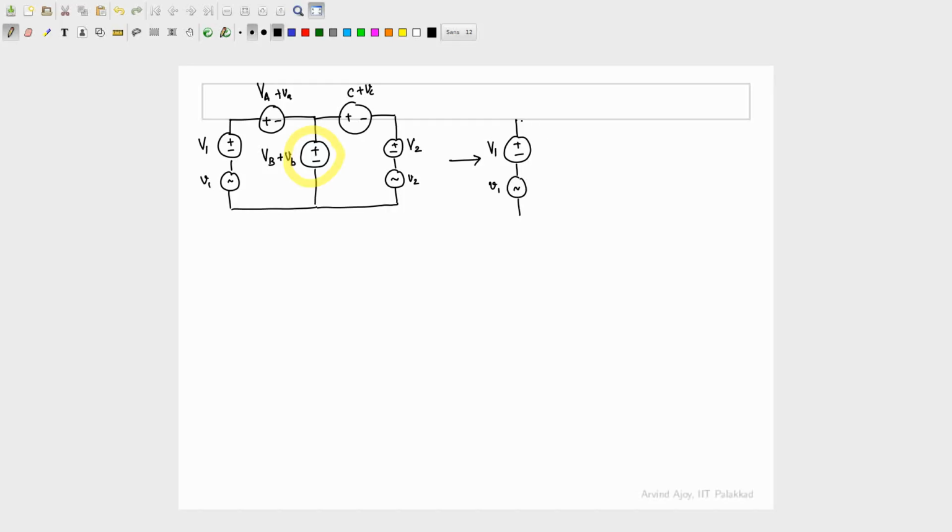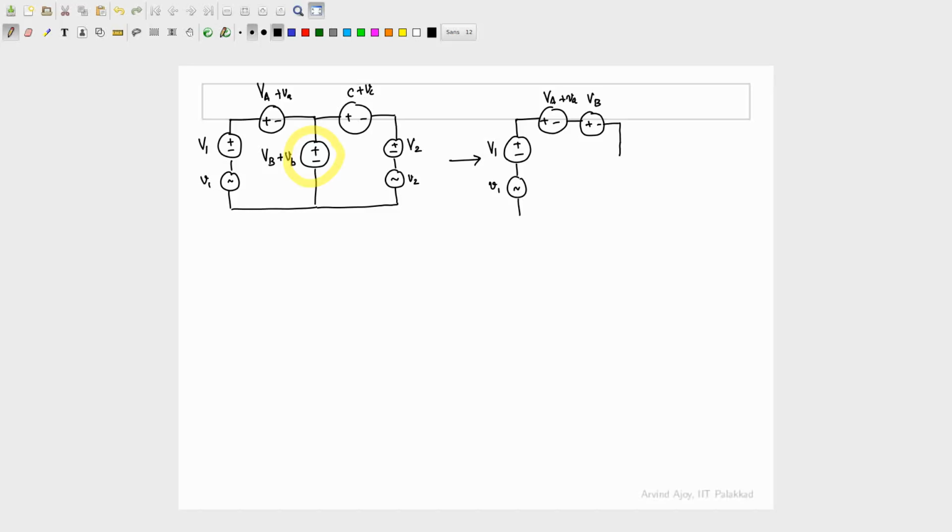So what I am going to do is move this particular source across that node. It would be plus minus V1.